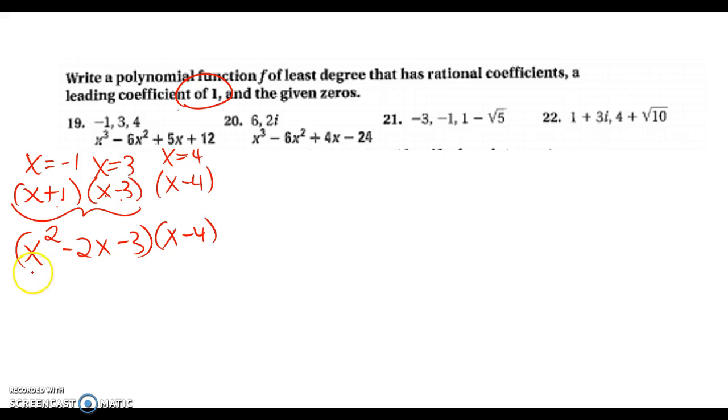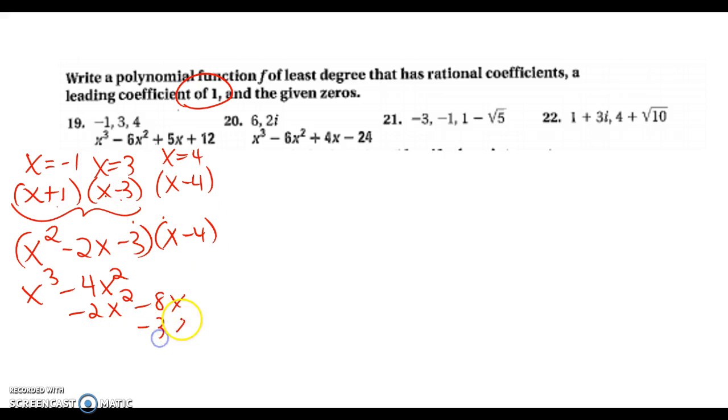Times this, let's do it: x to the third minus 4x squared. Then I have -2x squared minus 8x, and now I'm working with these.